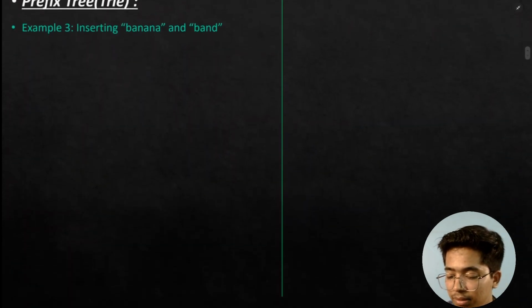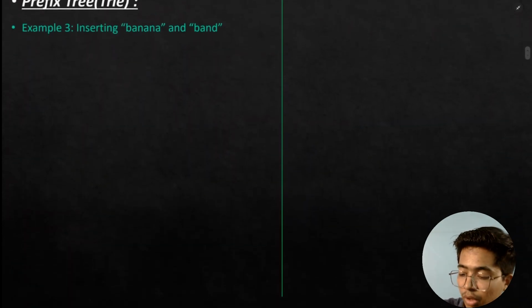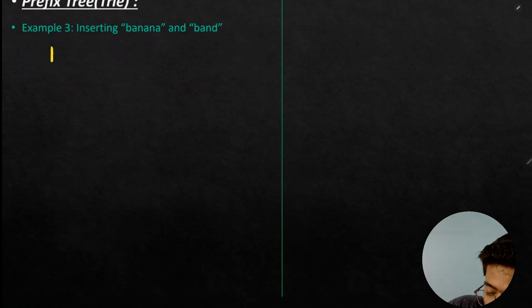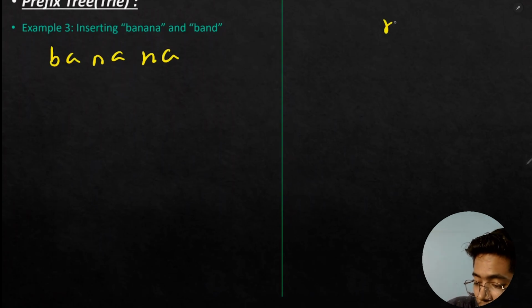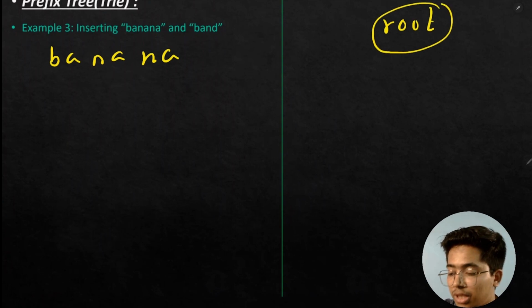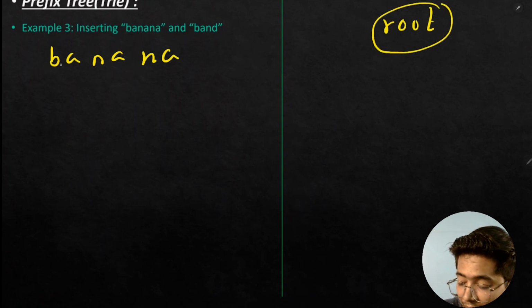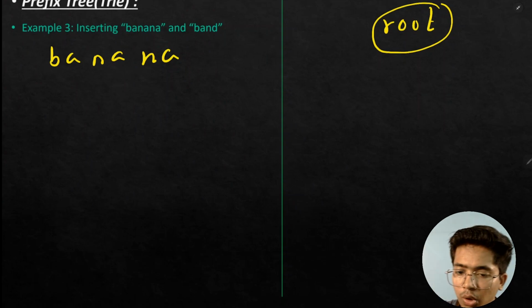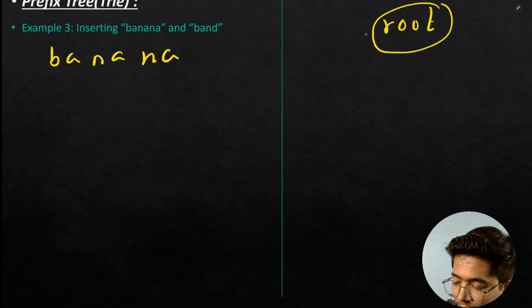Let's check another example. Banana. This is banana, BANANA. This is the root, and from the root it will start. For the letter B, here in the root, this is pointing to the current node, the root. Now we will insert the letter B because it doesn't exist, so it is inserted.